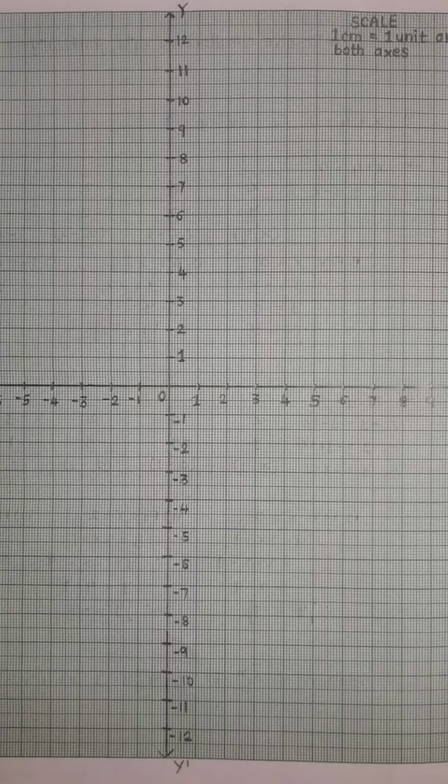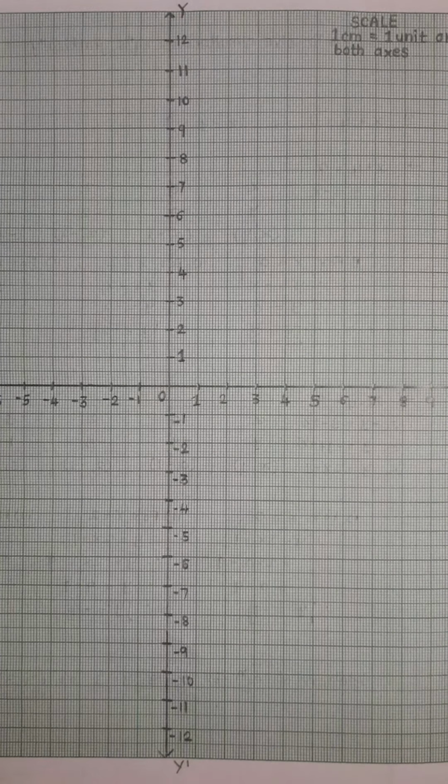Here we write minus y is equal to 4 minus x. Multiply by minus 1, we get y is equal to minus 4 plus x. Therefore y is equal to x minus 4.